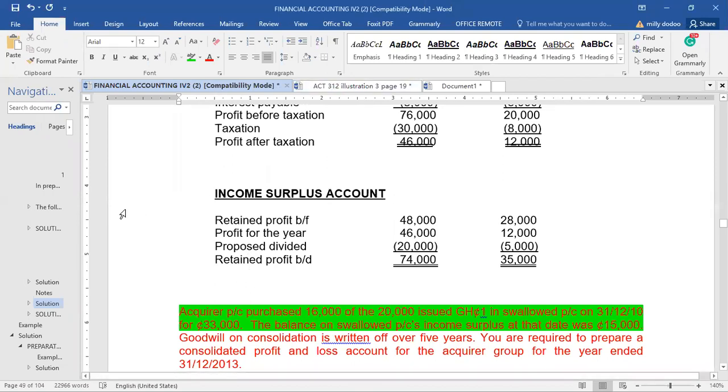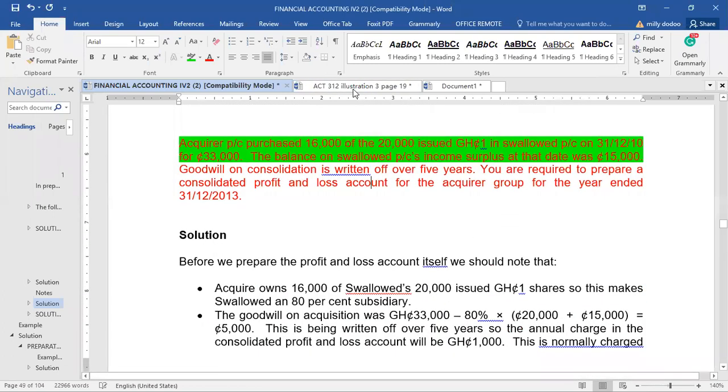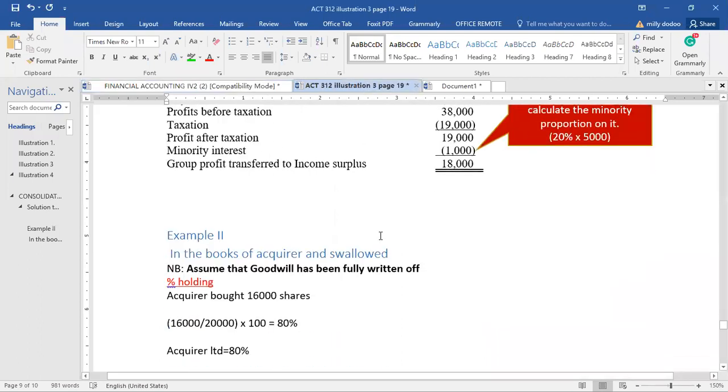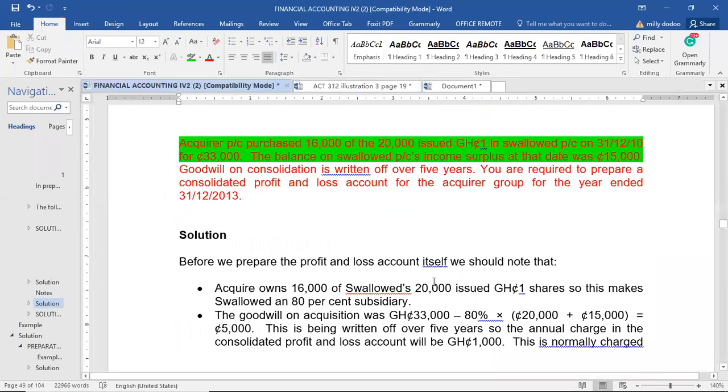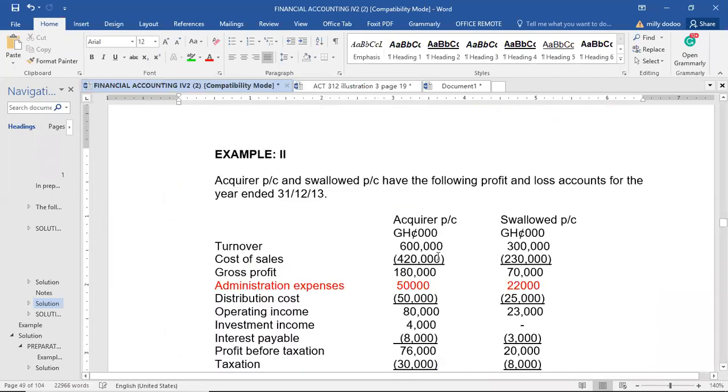Let's go ahead and look at the solution. So, illustration 2. Now, let me go back to the question. Acquirer and Swallowed have the following profit and loss account for the year ended 31st December 2013.